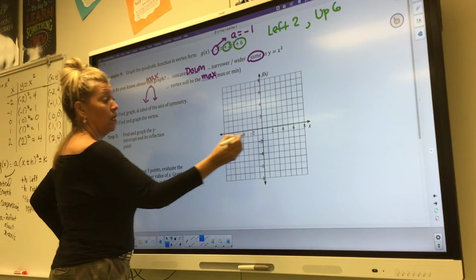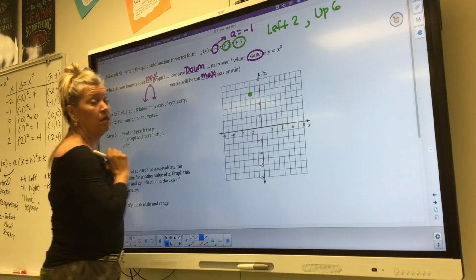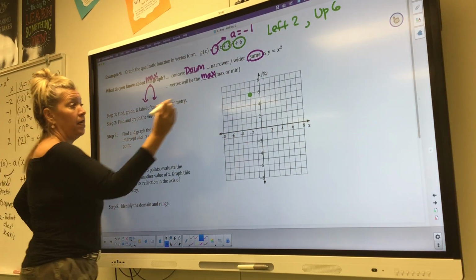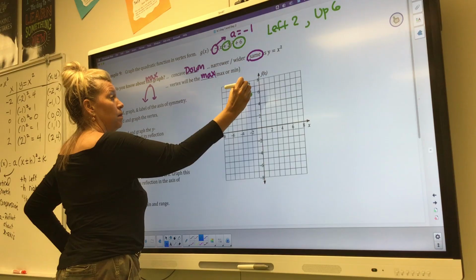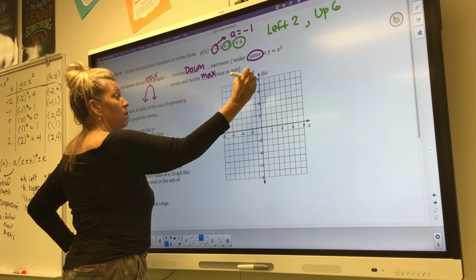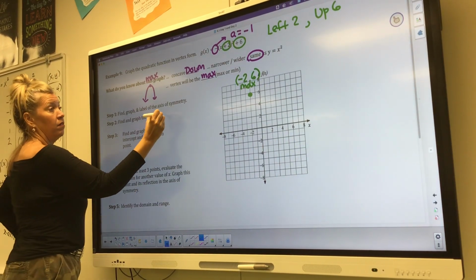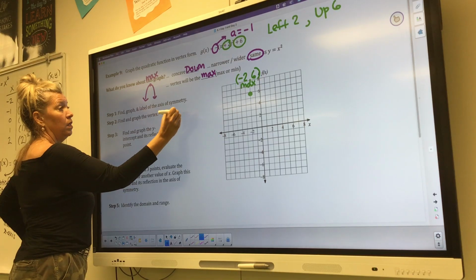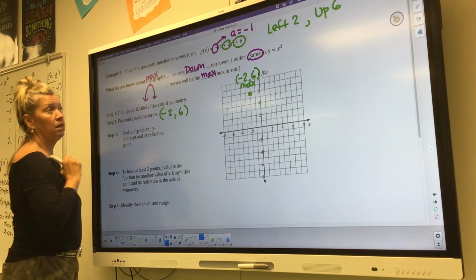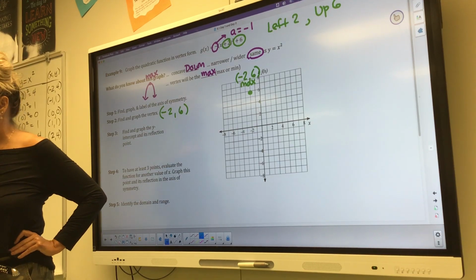We're going to go left 2 and up 6. So that will be our maximum at -2, 6. So I'm going to label that the vertex, -2, comma 6. And that's from the transformation rules we used yesterday.